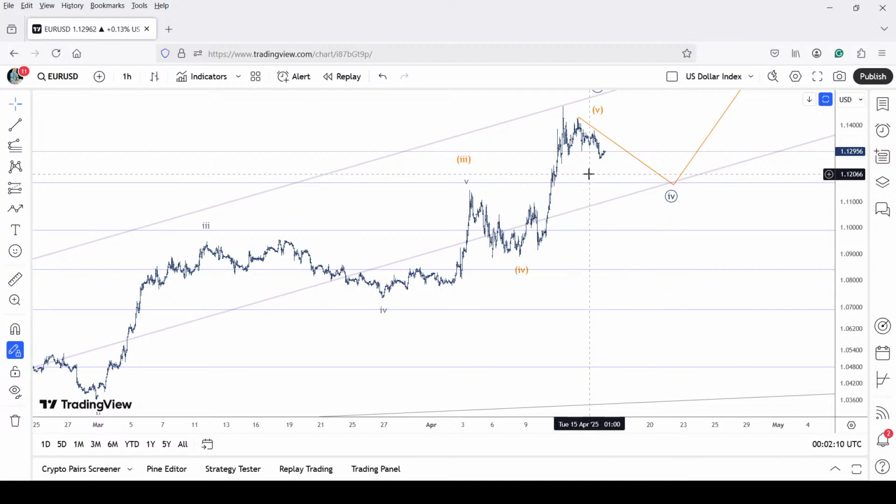Either it's going to be an impulse or a diagonal. At this point in time it could be anything, but if it's a diagonal, then we've got wave 1, wave 2, potential wave 3 and 4 in the making, because diagonals would enter the first wave territory, and possibly one more wave lower.